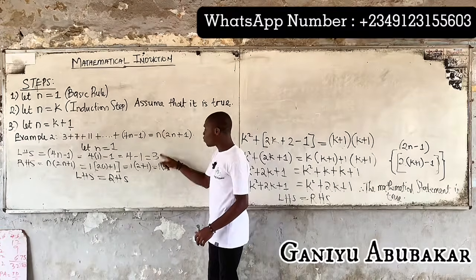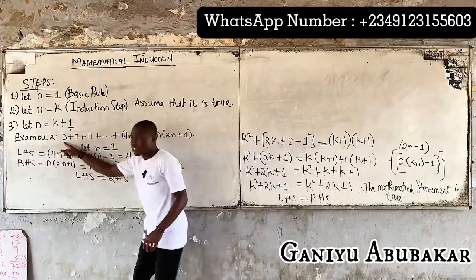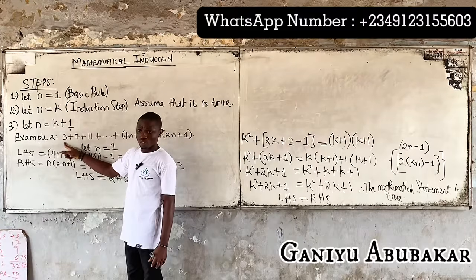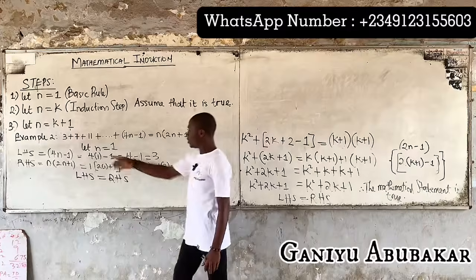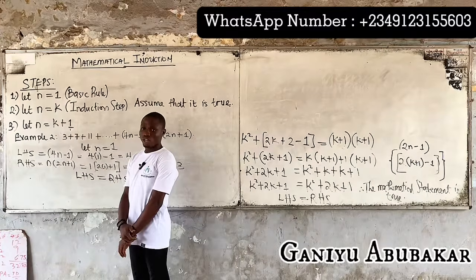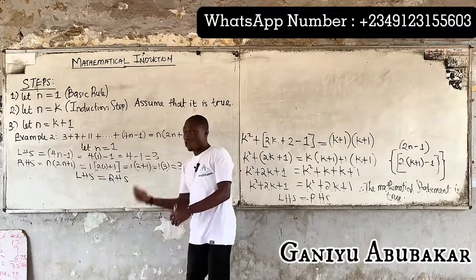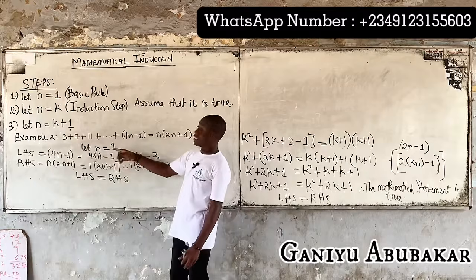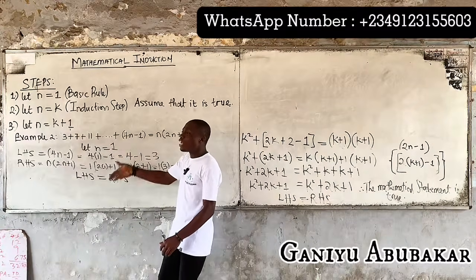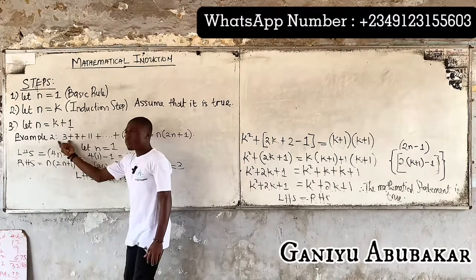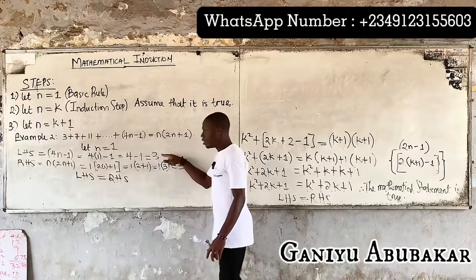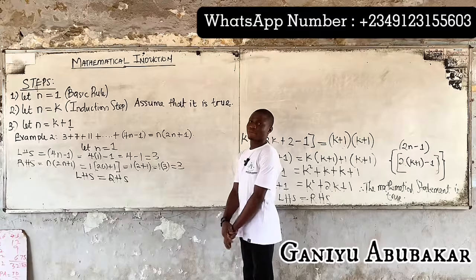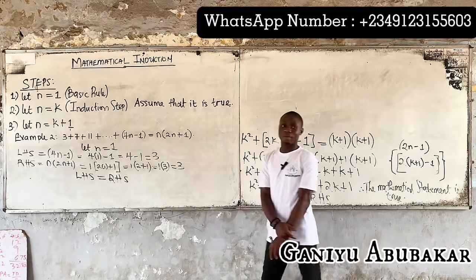If it is 3 over 4, the answer should be 3 over 4. If you get 10 and the first term is 3, you are wrong. Whenever it's let n be 1, always ensure the left hand side and right hand side have the same value.